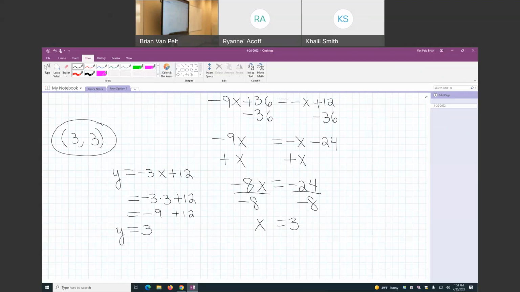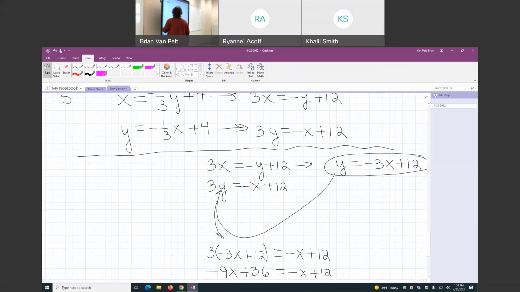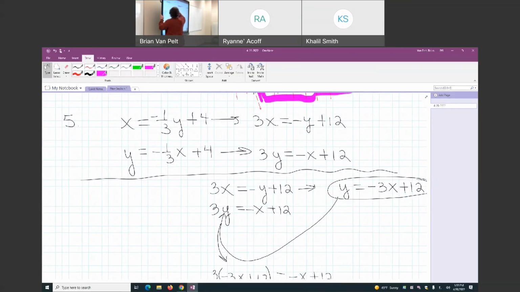It's not the only way you could have done it. You could have done substitution right off the bat. Did you know that? Well, I love the symmetry. Initially, you could have taken this here, plugged it into that x. You would have just had fractions to deal with. 1/9 would appear, 1/3 would appear.